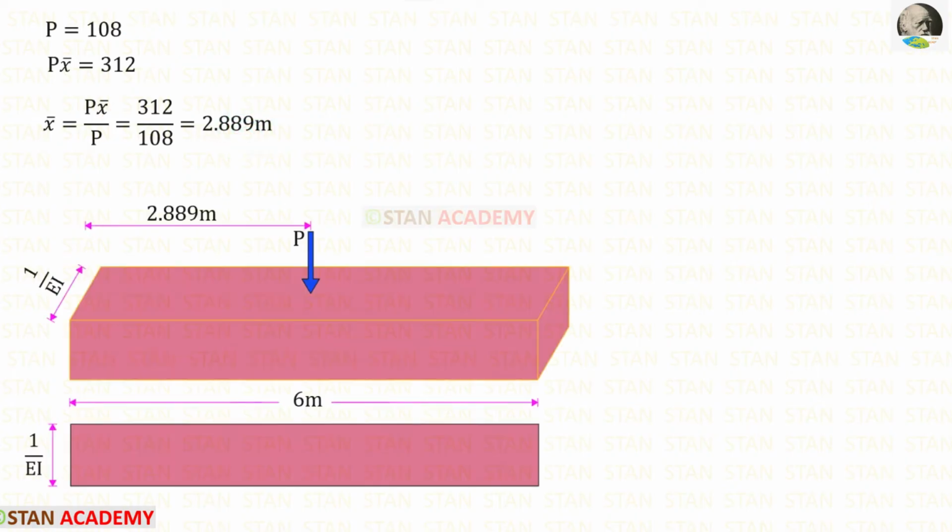Now let us make the analogous column. We know that the cross section of the analogous column is 1 upon EI into L. The length of the beam is 6 meter. P is the resultant, and it acts at a distance of 2.889 meter from the left.